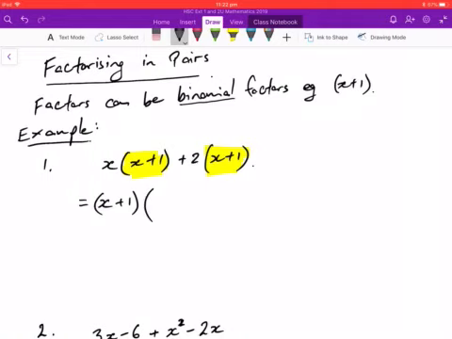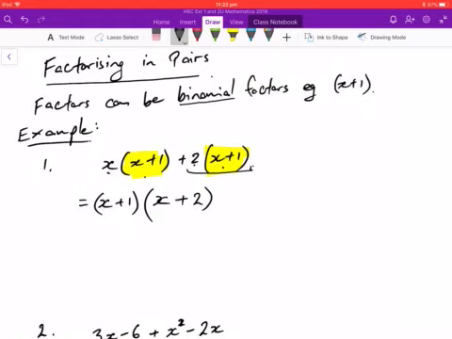Well, the first term I had x multiplied by x plus 1, but I've factored out the x plus 1, so I'm simply left with x. Then the second term, I had 2 times x plus 1. I've factored out the x plus 1, so I'm just left with positive 2. So I have x plus 2. And there we have it.